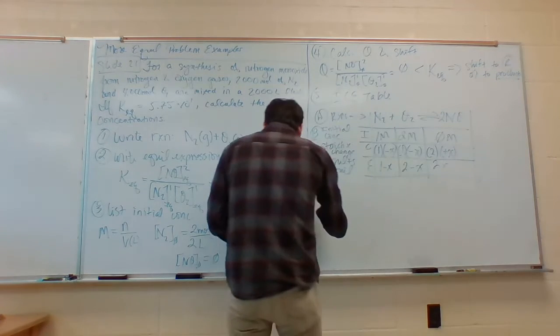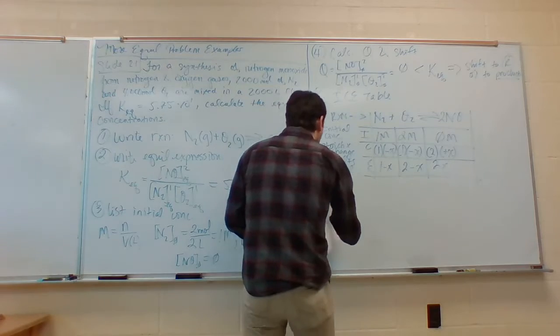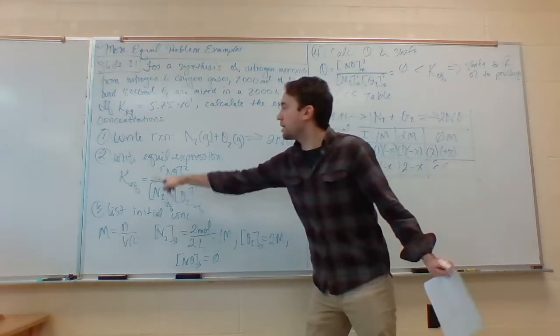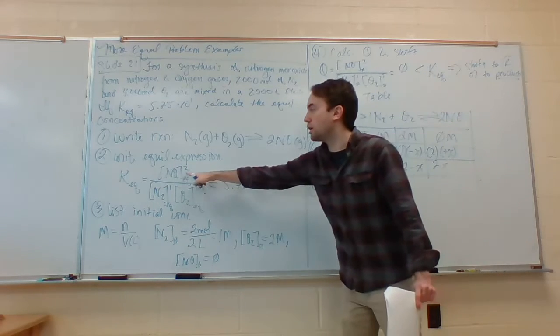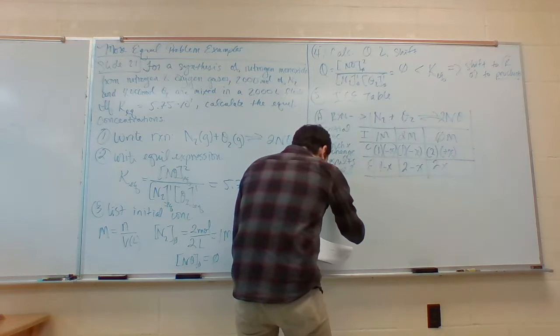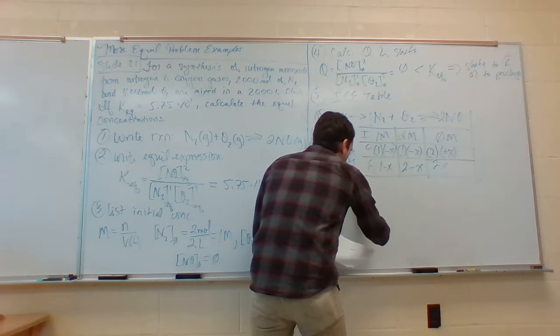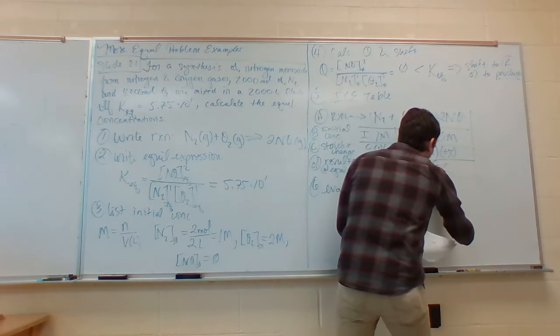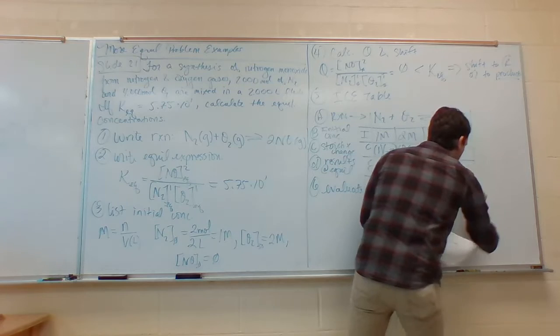Okay, so then in part 6, right, now that we have our equilibrium concentrations, we can build our KEQ because these are using our equilibrium concentrations. Okay, so next we're going to evaluate into KEQ and solve for x.